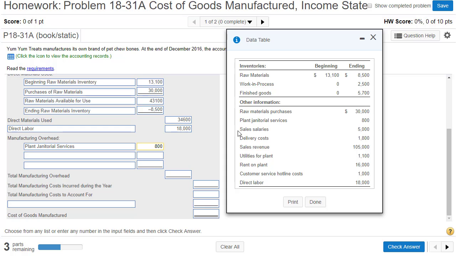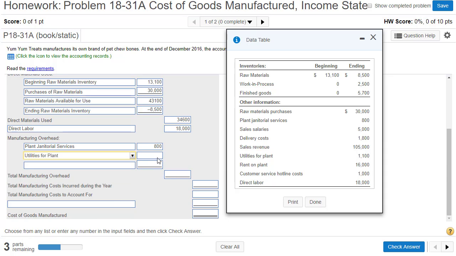$800. Sales salaries, that is for selling the product, not making the product, so that is not a product cost. Remember, manufacturing overhead is a product cost. Delivery costs, this has to do with selling, so it is not a product cost. Sales revenue, that's not even a cost, that's a revenue. Utilities for the plant. All right, so the plant is where we make the product, so this is a manufacturing overhead.